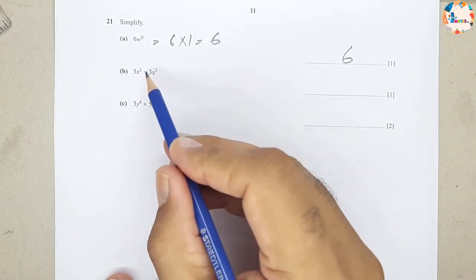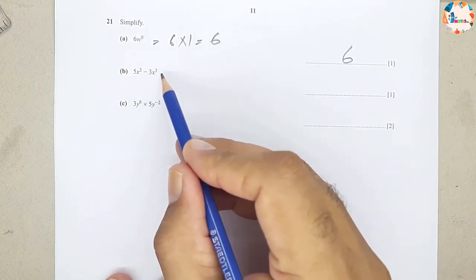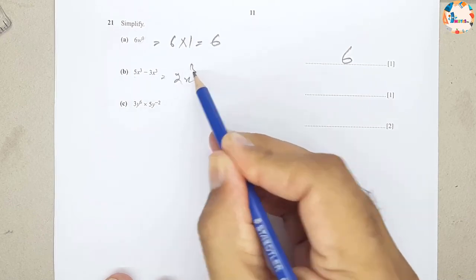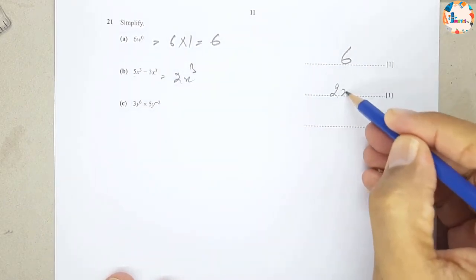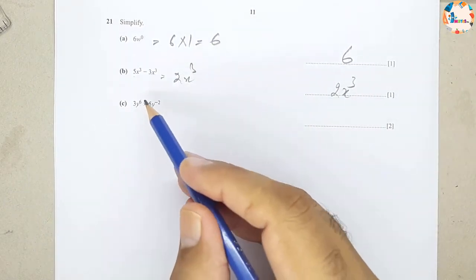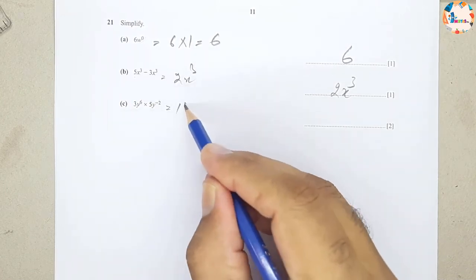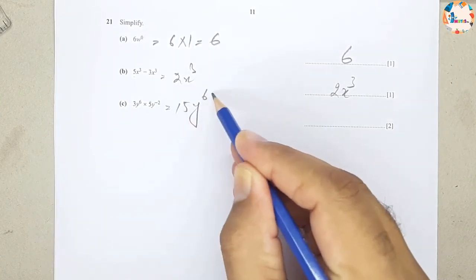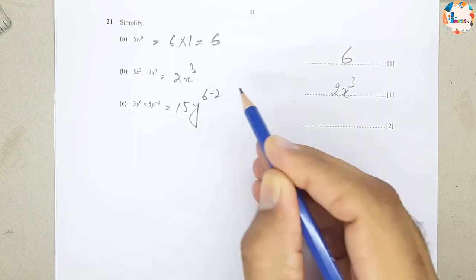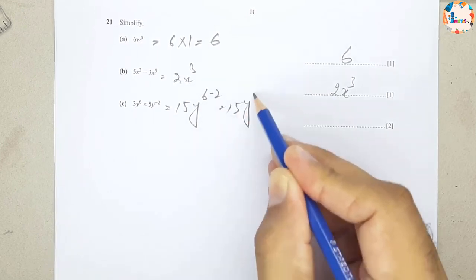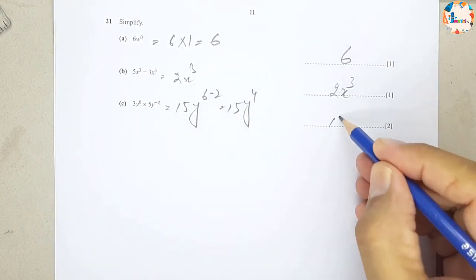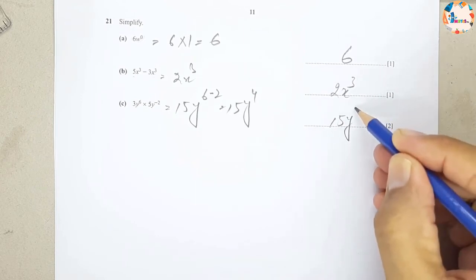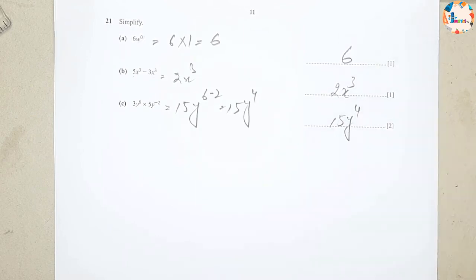And this is 5x cube minus 3x cube will be 2x cube will be the answer. So 2x cube over here. And this will be 5 into 3 will be 15, and y raised to the power 6 minus 2. So this will be equal to 15 y raised to the power 4. So 15 into y raised to the power 4. And we are done with the paper.